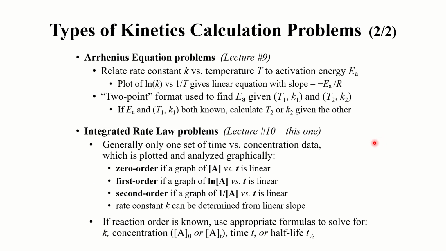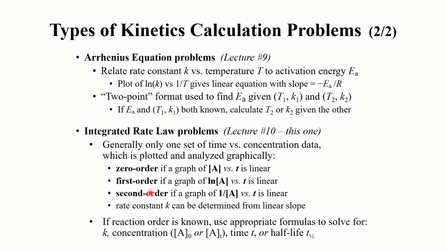And then finally, from this lecture, using the integrated rate law, generally you will be given 3 different plots and be asked to determine the overall reaction order based on which plot is linear. It's zero order if the graph of concentration versus time is linear. It's first order if the graph of natural log concentration versus time is linear.